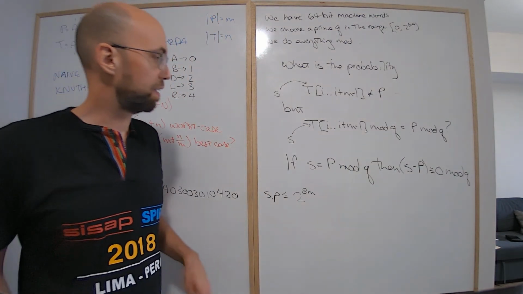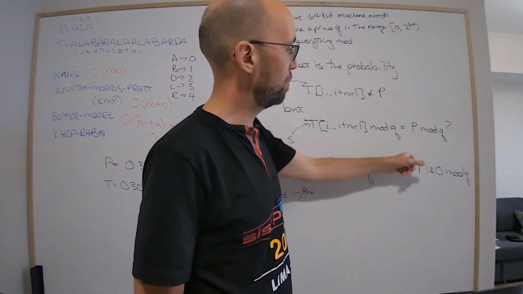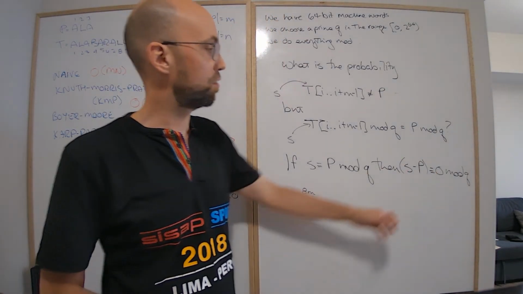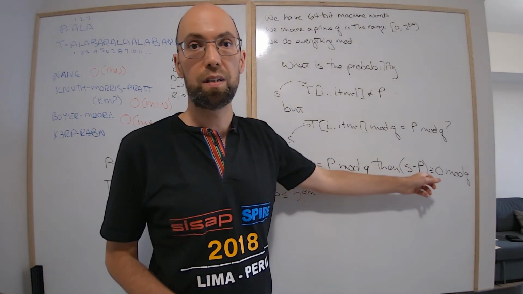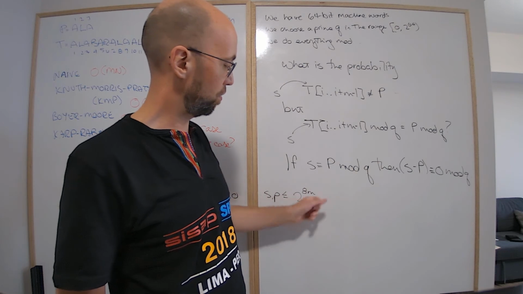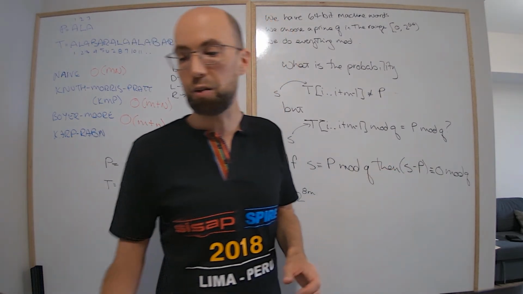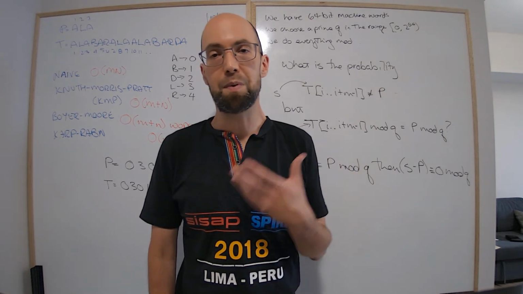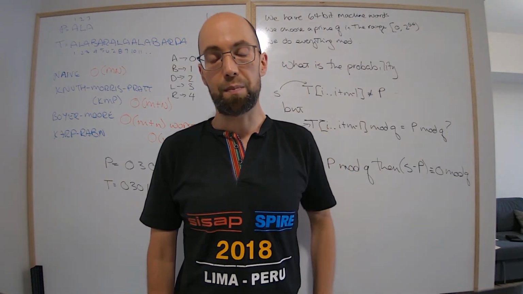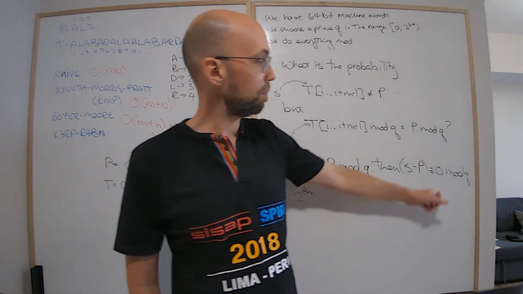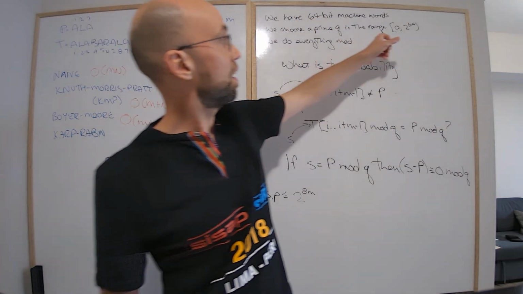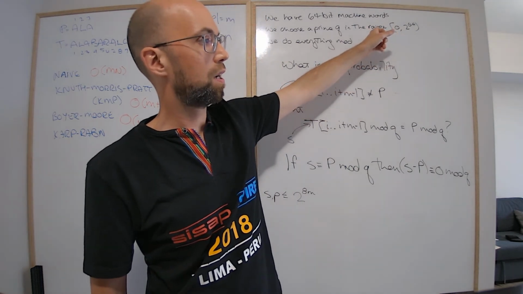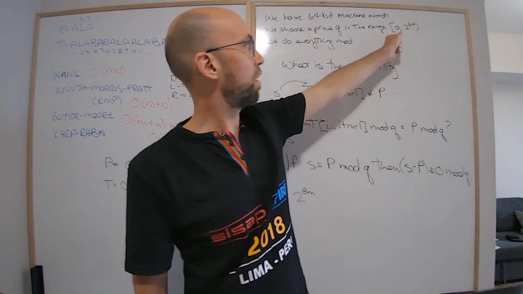So what you get is, how many factors can this number have? Since the log of this is like 8m, it's got something like order m distinct prime factors. And Q was chosen in this range, and there are a lot of primes in here.